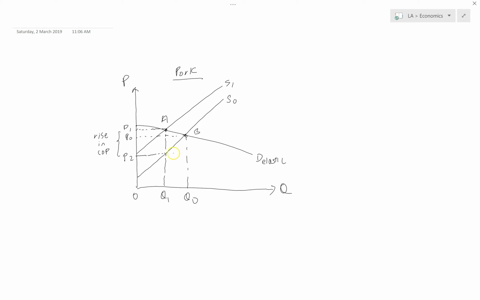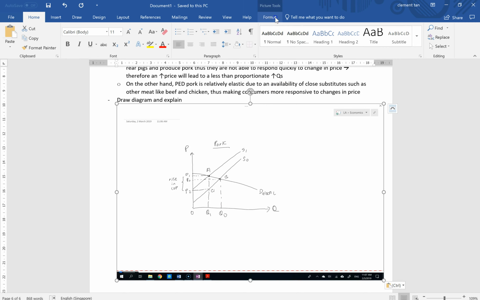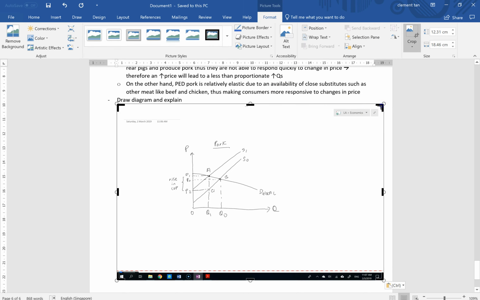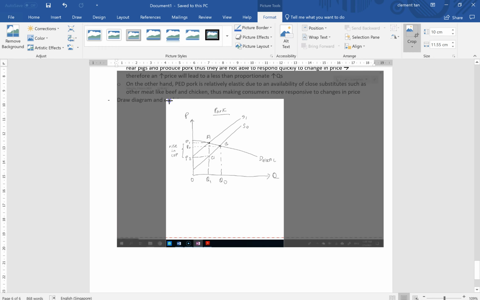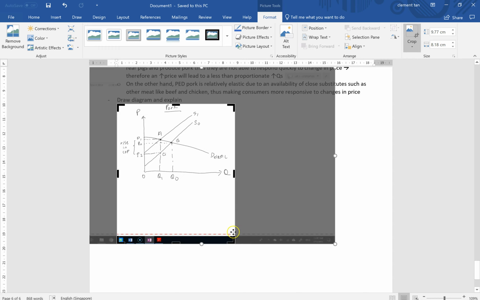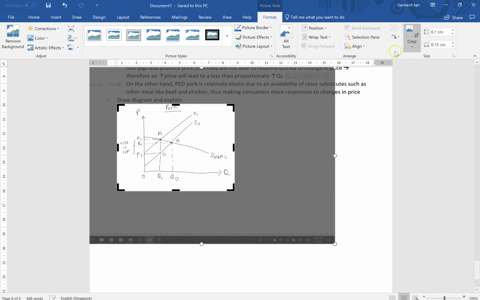Let me print screen, paste, format and crop. Yes, correct. You can write it there also, supply inelastic, if you want to.